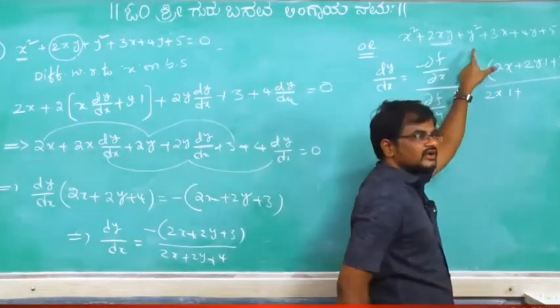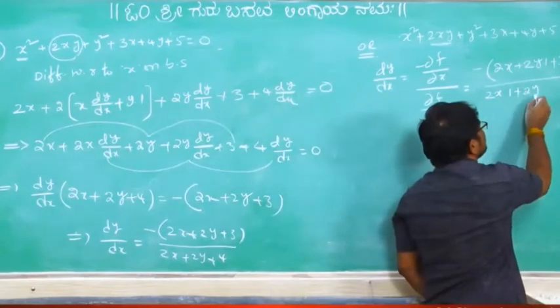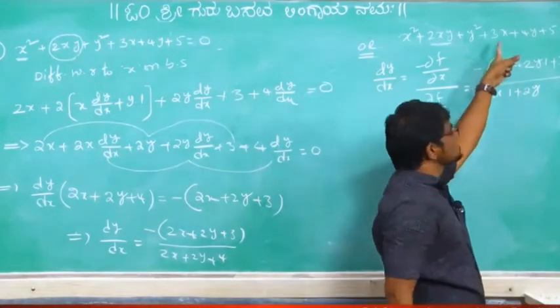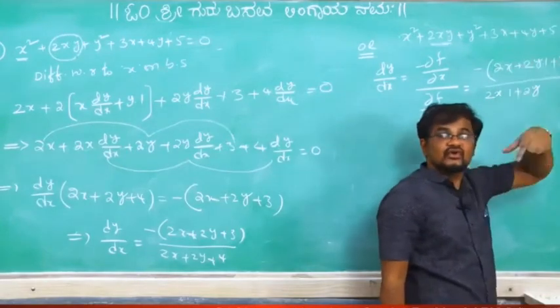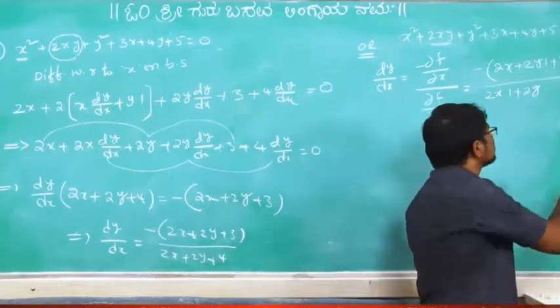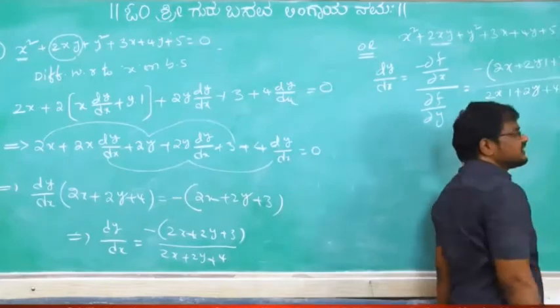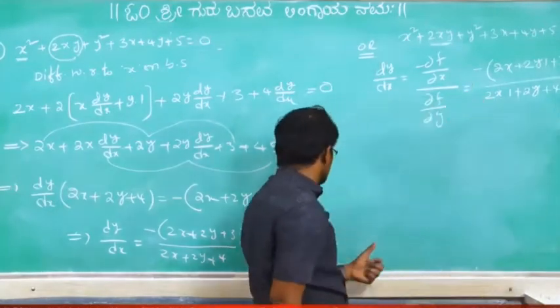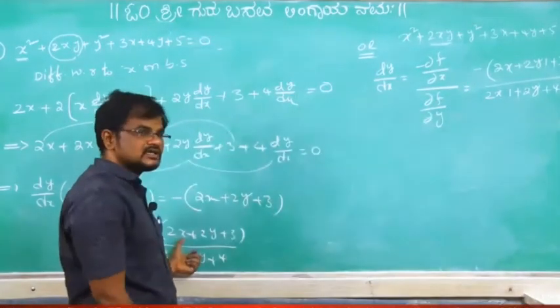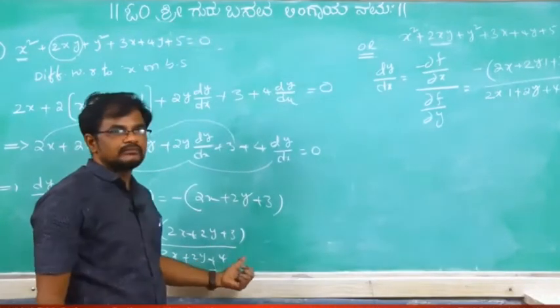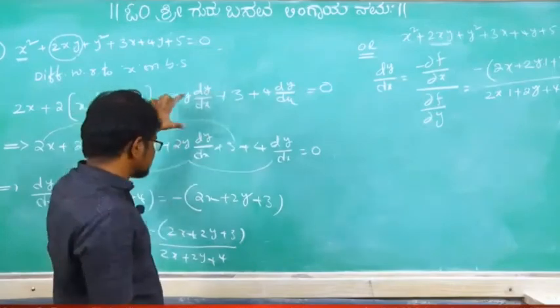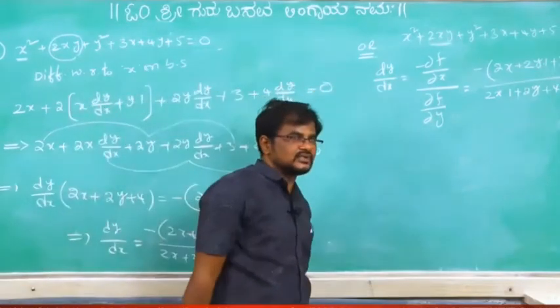Differentiation of y square, what will we get? 2y, and this is constant term 0, and here differentiation of 4y with respect to y is 4, and the last one constant only. Same thing you got or not? Minus of 2x plus 2y plus 3 by 2x plus 2y plus 4. Okay, no? So this is the theory part, and this is the entrance part. Like this we have to do.